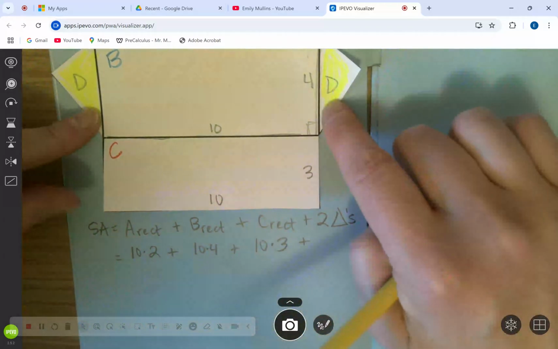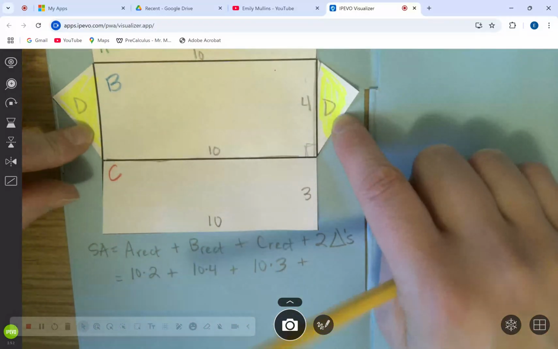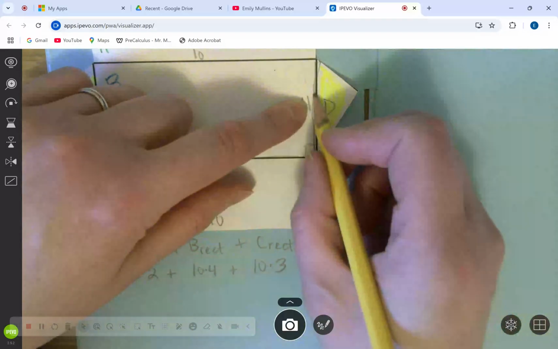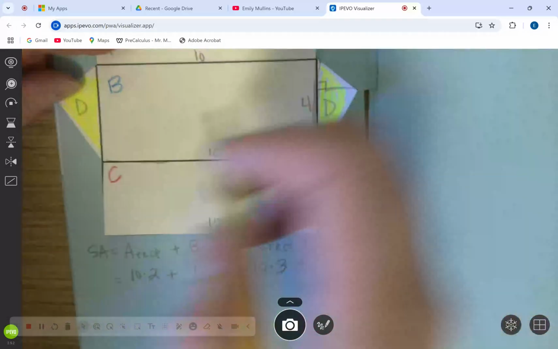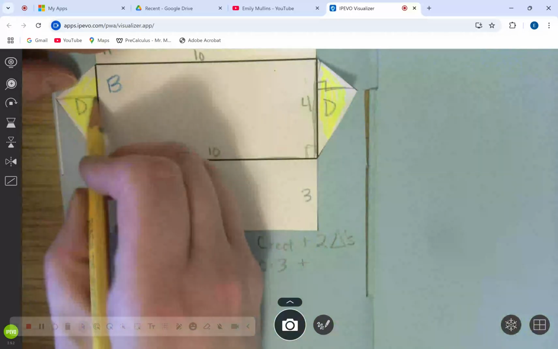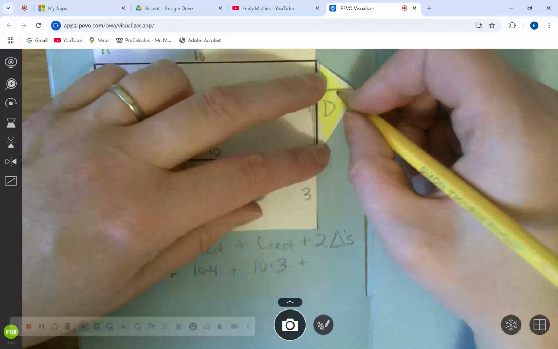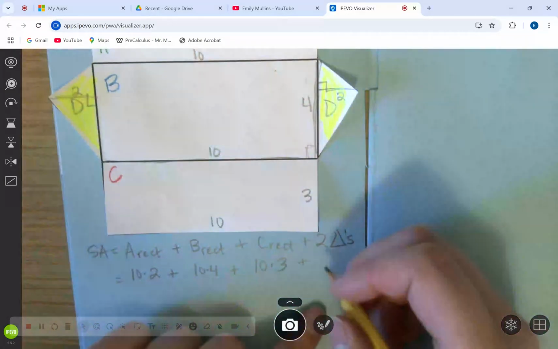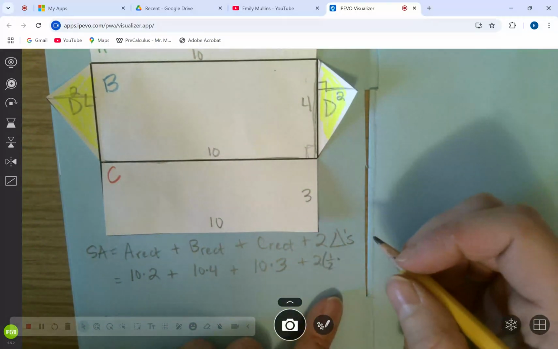So for my last two triangles, I need a base and a height. I can see that I already have the base. My base is 4, but my height should measure to the top of this triangle, and it should make a right angle with my base. Should be this number right here. And when I measured that, it was pretty close to 2. So I have 2 times 1/2 times the base times the height.